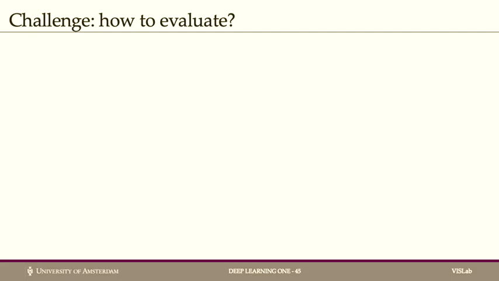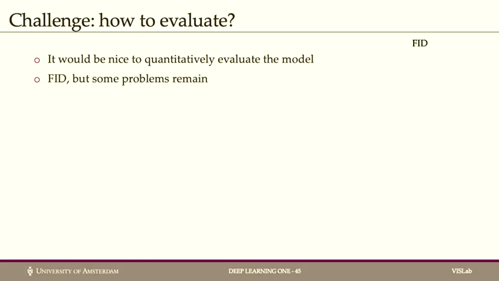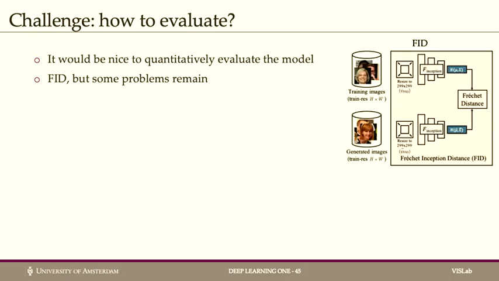All right. Another challenge is how to evaluate these generative models. Looking at images is nice, but we also need to quantitatively evaluate them. So there's something called the Fréchet inception distance, and it's pretty easy. You push basically the real and the generated images at the same size through a pre-trained inception network, that's a neural network that we had talked about.